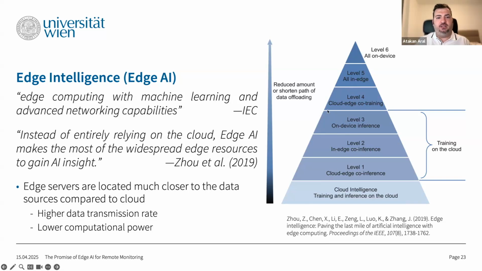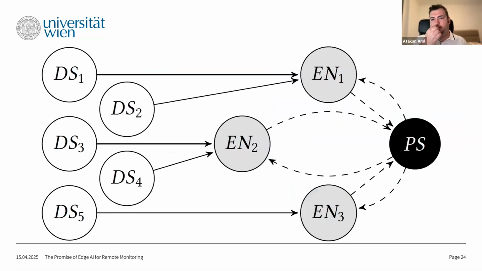And in our case, we are in level 4, where cloud and edge are co-training. So the training happens in both modules, and inference happens at the edge, near to the devices. And this is the three-layer architecture that we used.